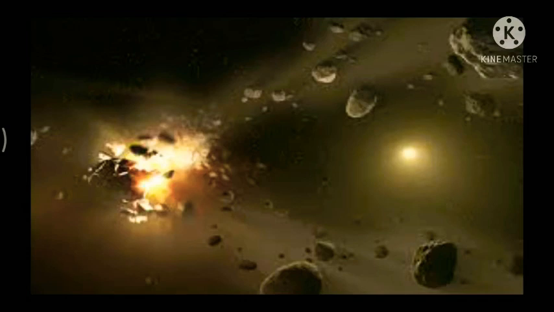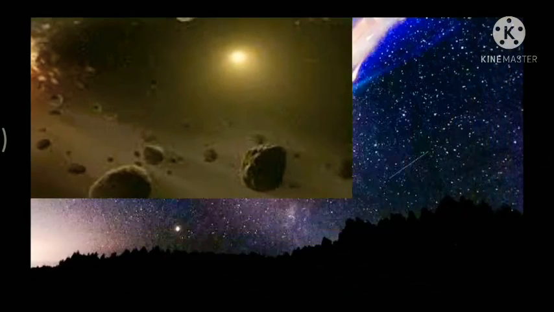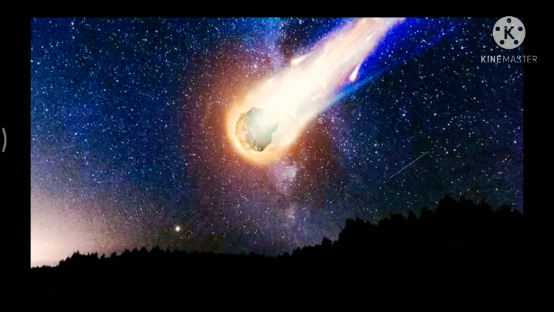Sometimes these rocks enter Earth's atmosphere at great speed, but due to friction with the air, they usually burn up before reaching the surface of the Earth, and they appear to us as shooting stars.